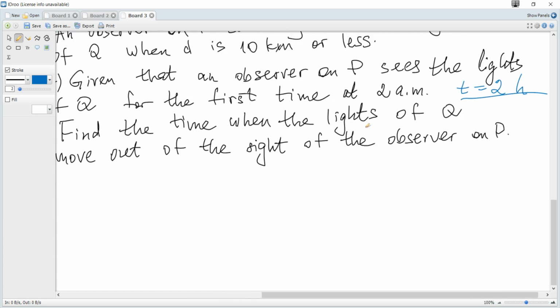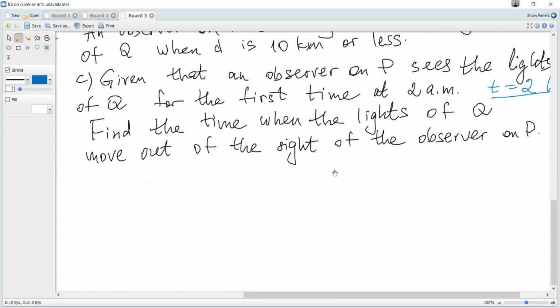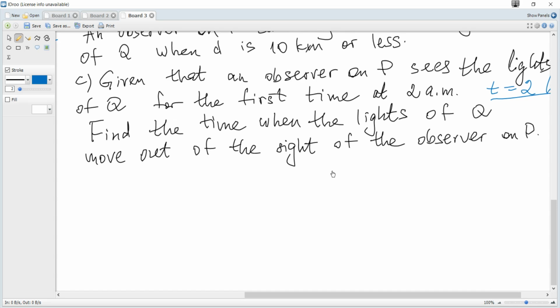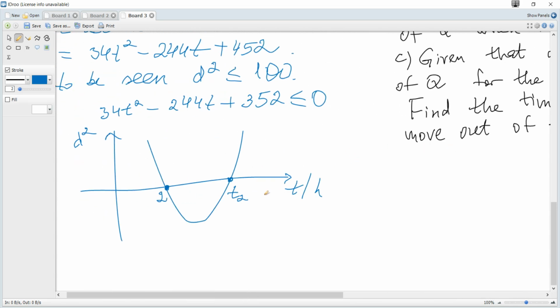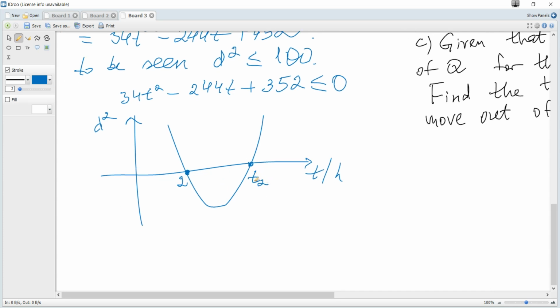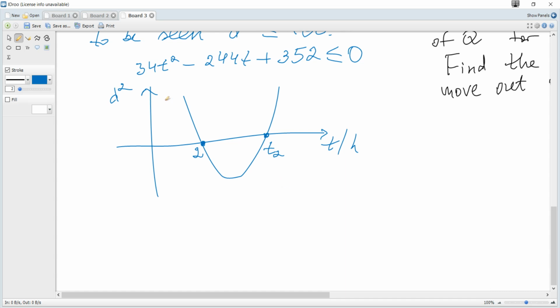We need to find the time when the lights of Q move out of the sight of the observer on P. So we need just the value of t2. In general, to solve the inequality, you need the roots of the corresponding quadratic equation.